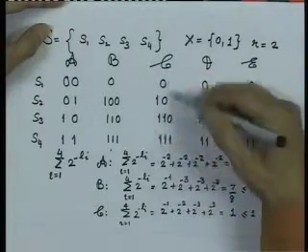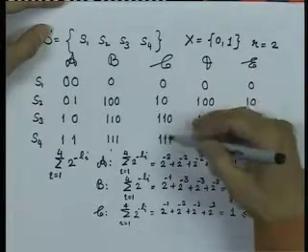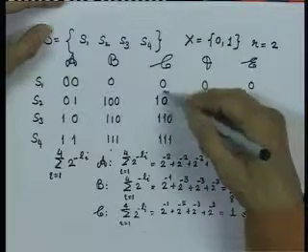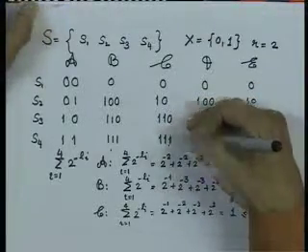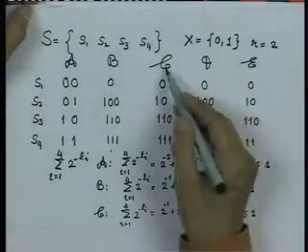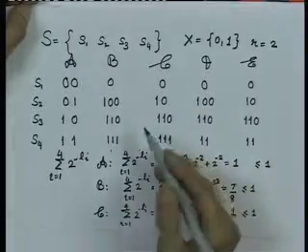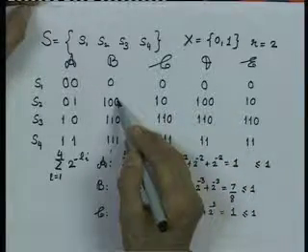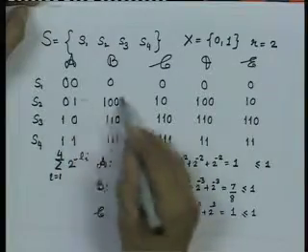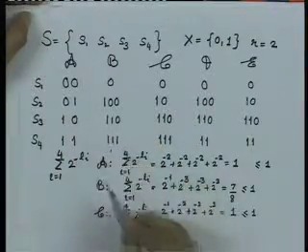And if you examine the code words for C, it turns out to be instantaneous because none of these code words is a prefix of another code word. Code C was actually obtained from code B by dropping the code symbol 0 from the second code word.